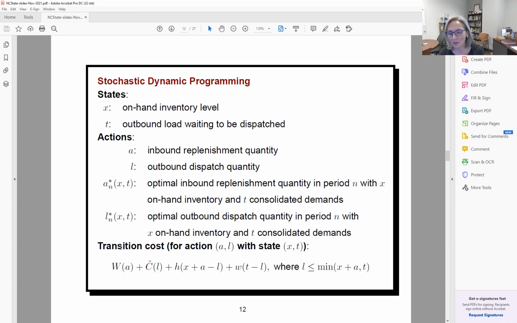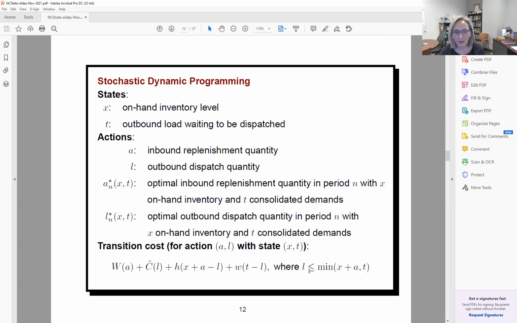The transition cost, which is also known as the single period cost for any action, the set of decision variables A and L with state x_t, is given by the cost associated with an inbound replenishment if we choose to replenish, the cost associated with an outbound dispatch if we choose to dispatch, the cost associated with excess inventory we carry from period to period, and the waiting cost.